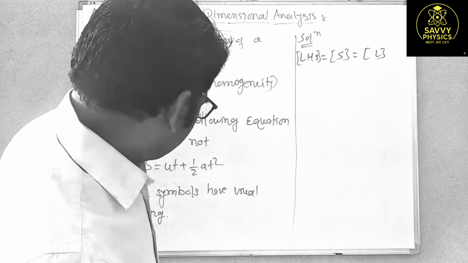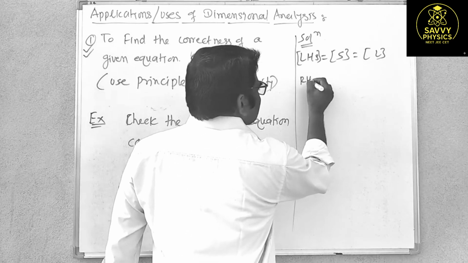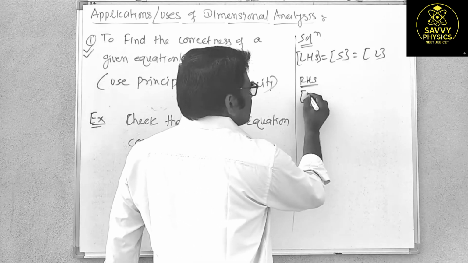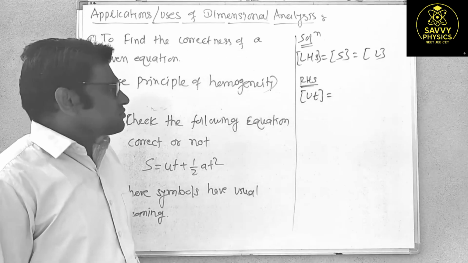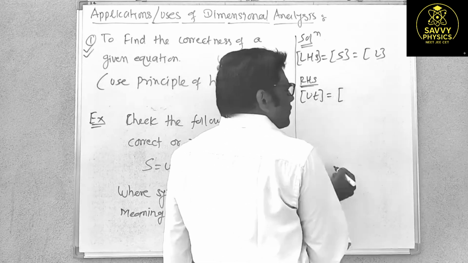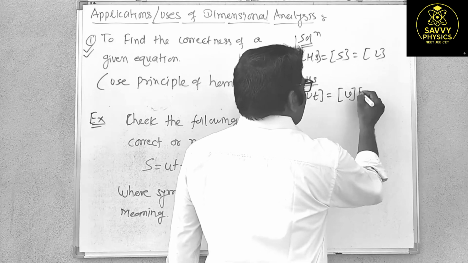Now look, the right hand side, the dimension of ut. What is the dimension of ut? u means velocity. The dimension of u into the dimension of t.